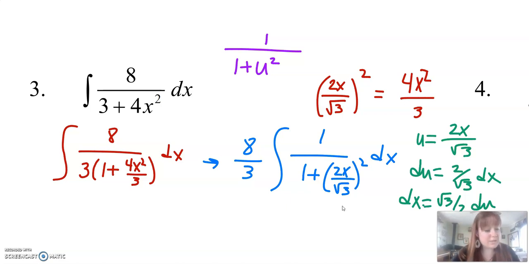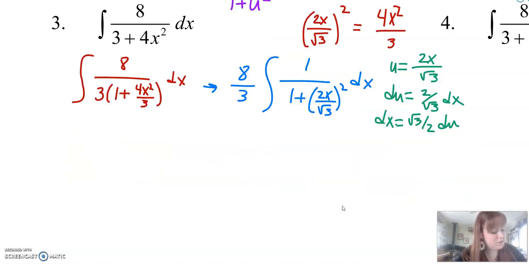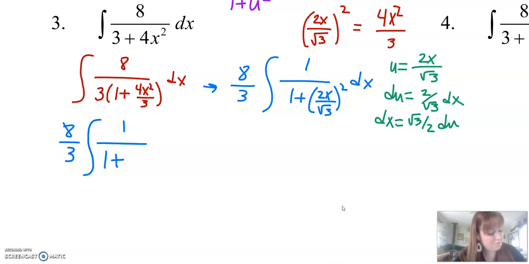Okay, so now we're going to sub in. So we are going to come back down here and say, okay, so we have 8/3 times the integral of 1 over 1 plus u squared du times root 3 over 2.